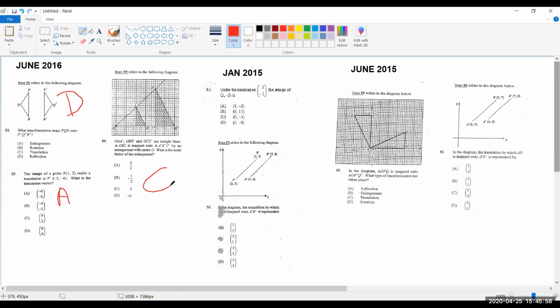Under the translation, D. So 3, 5, add (2, -3). 3 and 2 is 5, and 5 minus 3 is 2. So that would be 8 here. So yeah, D.